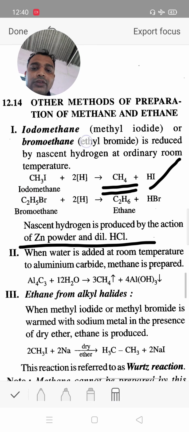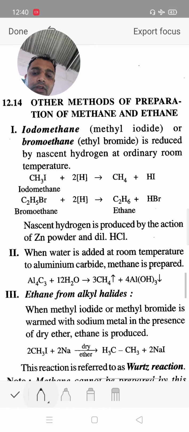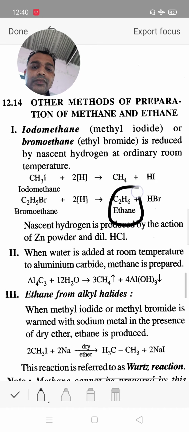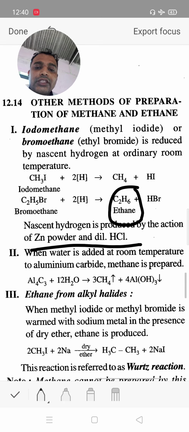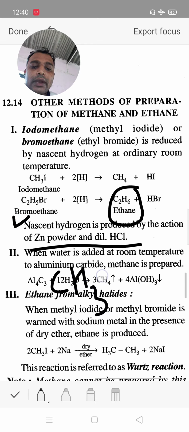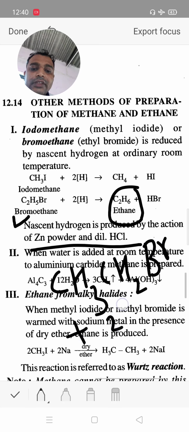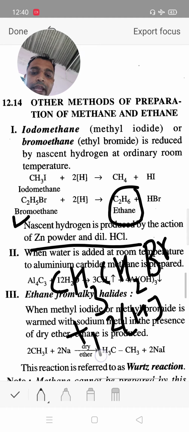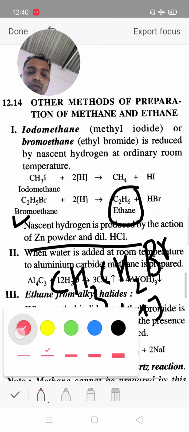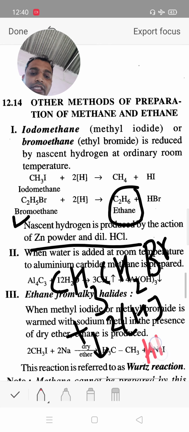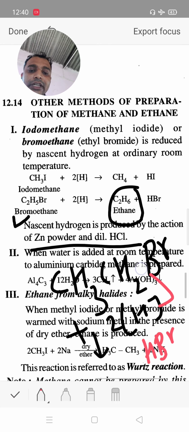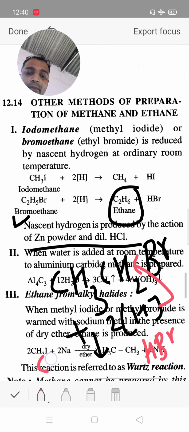Another preparation of ethane uses zinc powder and dilute HCl with bromoethane, meaning ethyl bromide. This ethyl bromide reacts with nascent hydrogen: one hydrogen goes with Br, giving the HBr byproduct, and one hydrogen attaches to CH2, forming CH3 single bond CH3.